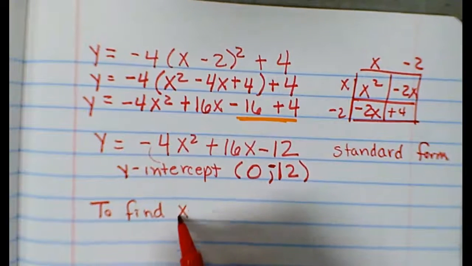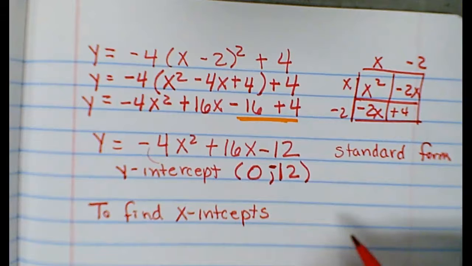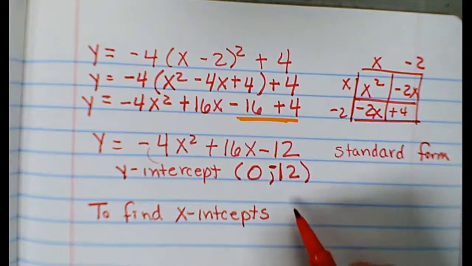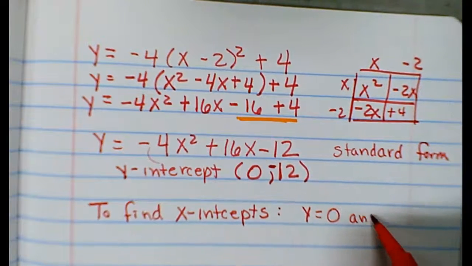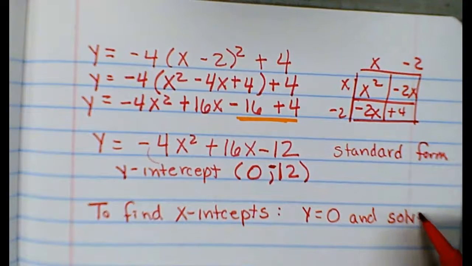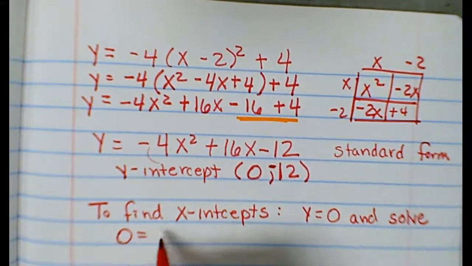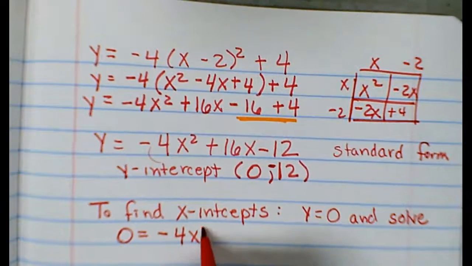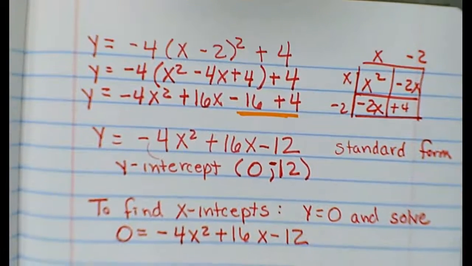To find the x-intercepts, you let y equal 0 and solve. Well, there's the y. 0 equals negative 4x squared plus 6x minus 12.